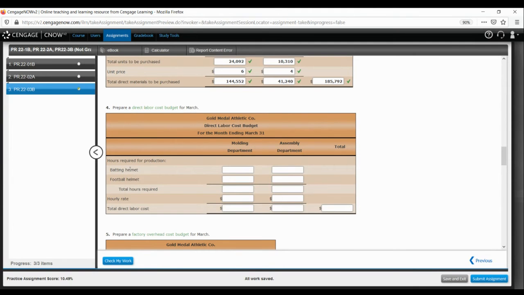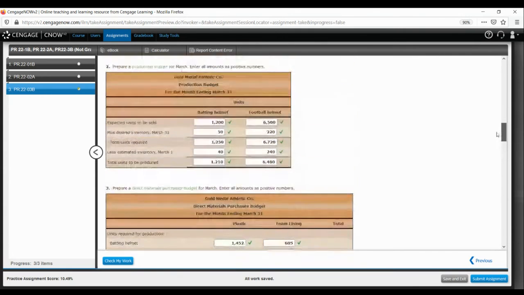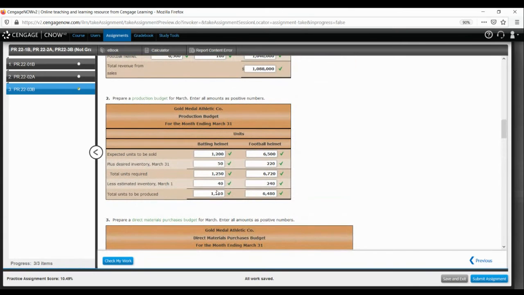So what they're asking for is the hours that are required for production. So what you need to know is how many batting helmets you produced. So you've got to go back to the production budget to pick up the batting helmets.